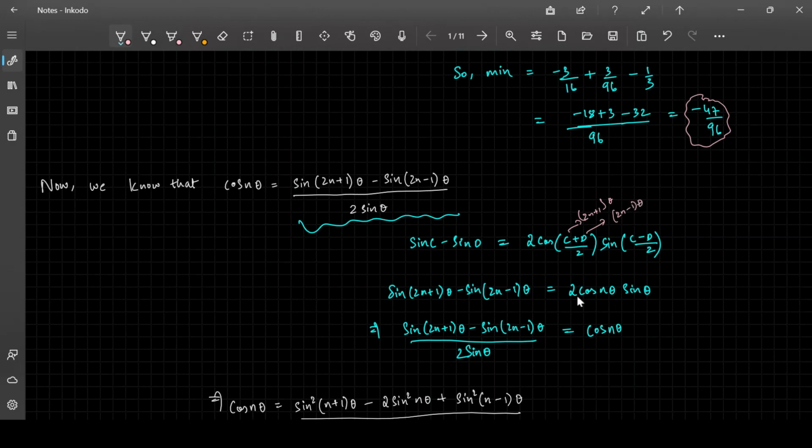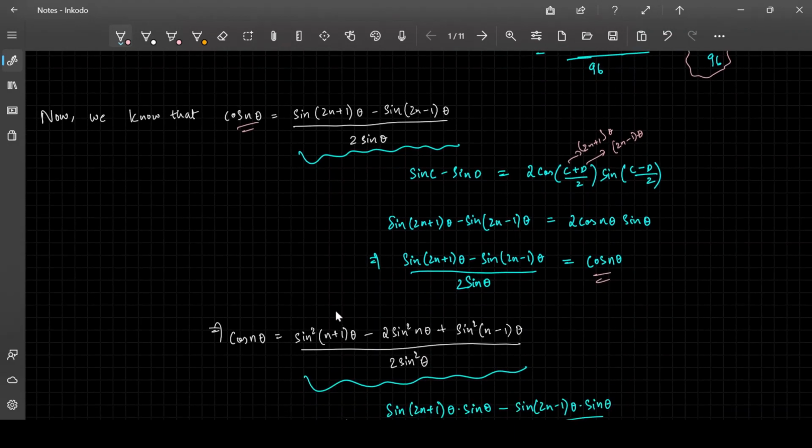When you do that, we get 2 cos n theta, and c minus d is 2n plus 1 minus of 2n minus 1, so that is 2 by 2, and that is sin theta. When you shift this 2 sin theta to the left hand side of the equation, we get sin 2n plus 1 theta minus sin 2n minus 1 theta divided by 2 sin theta, which is equal to cos n theta. That is how we have got this.